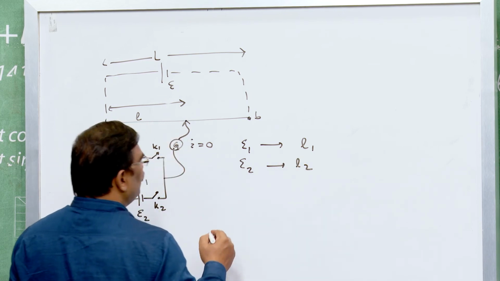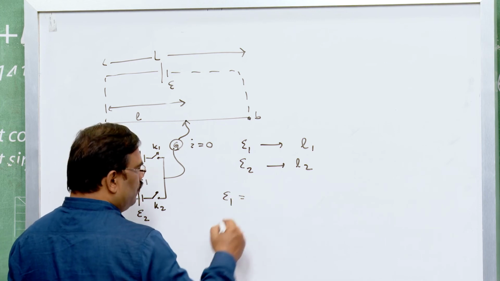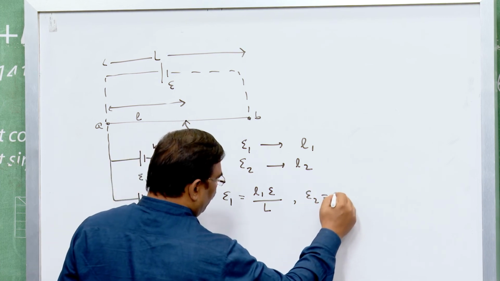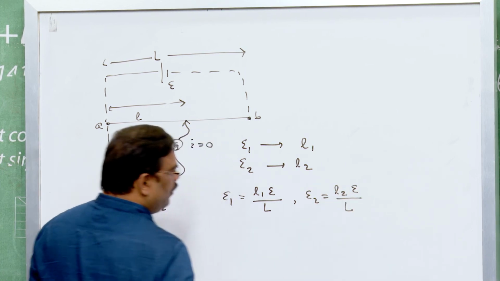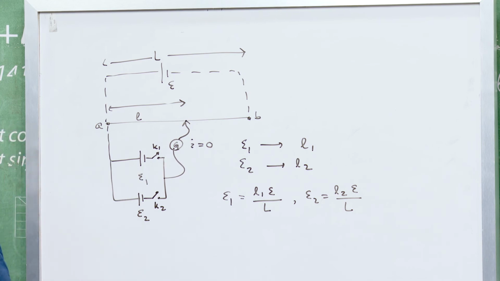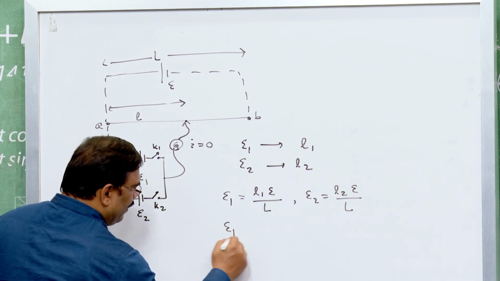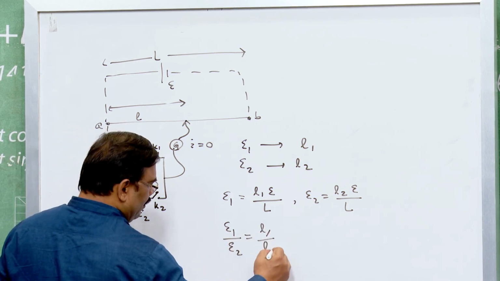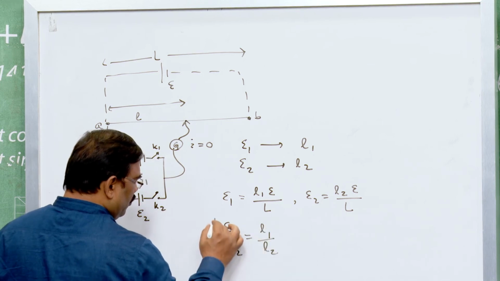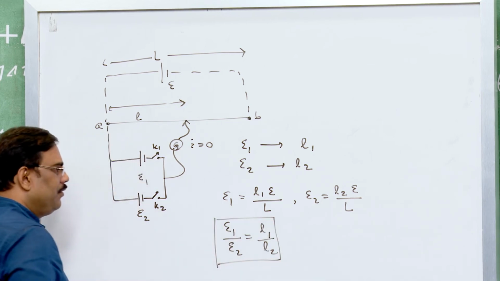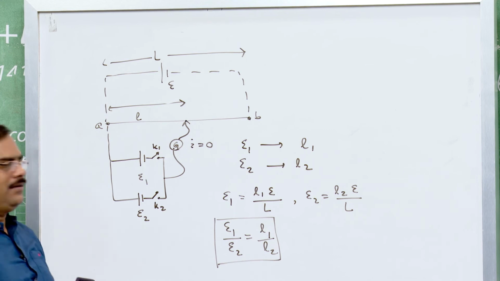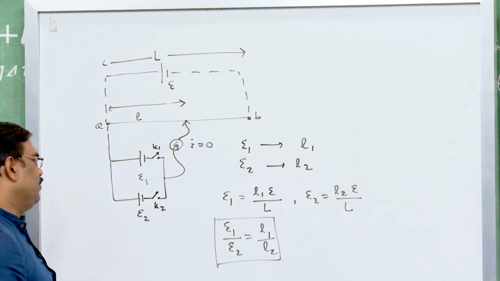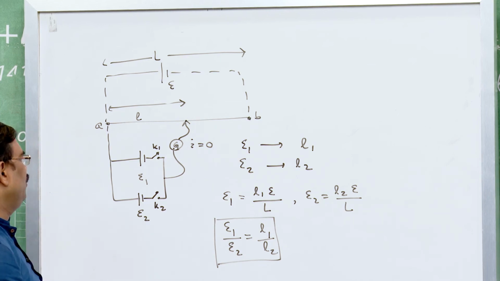So, we can write E1 equals L1 E divided by capital L, and E2 equals L2 E divided by capital L. So, therefore, E1 divided by E2 will be equal to L1 divided by L2. In this way, knowing the values of L1 and L2, we can find the ratio between E1 and E2, the relation between the EMF of two cells.